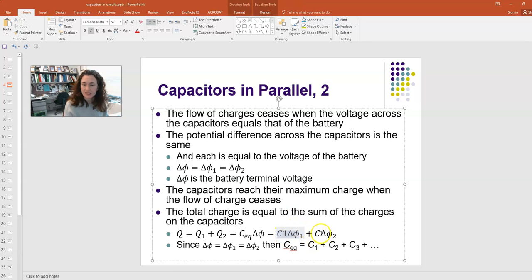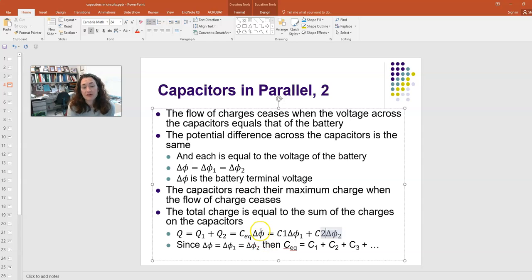Now, because the total charge is the sum of those two charges, Q1 plus Q2, we can sub in the equations for charge Q1 and charge Q2 respectively. So that will be Q1 is equal to C1 times delta phi 1, and Q2 is equal to, I'm sorry, that's supposed to be C2 times delta phi 2. All right?